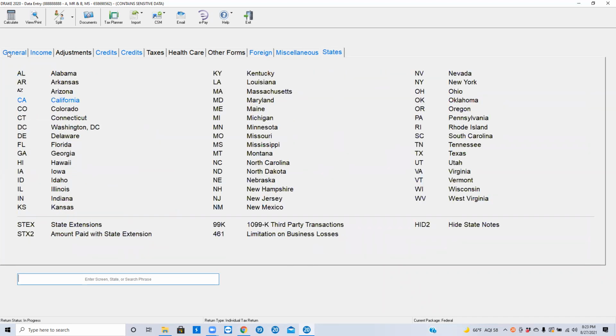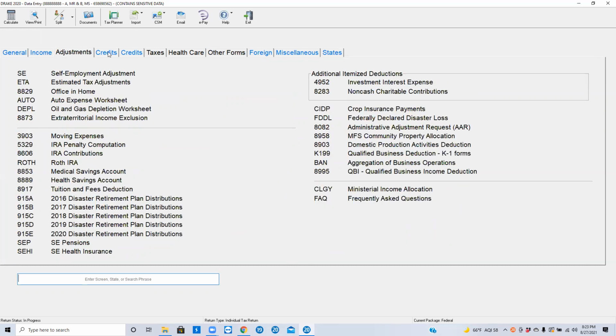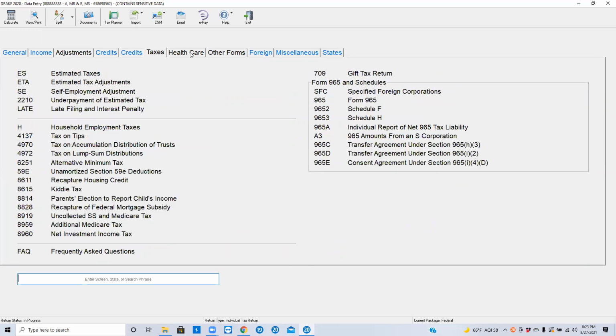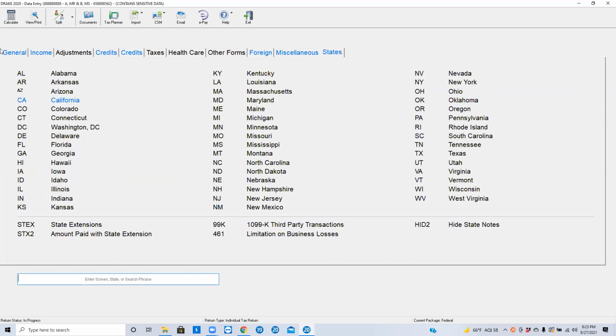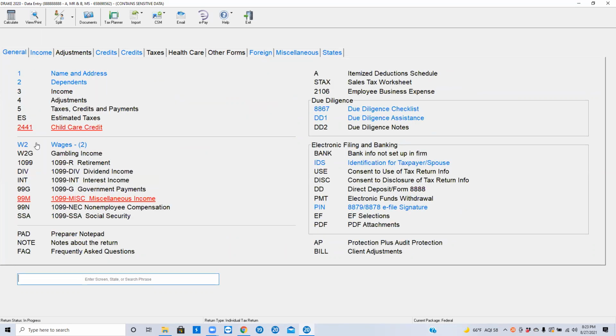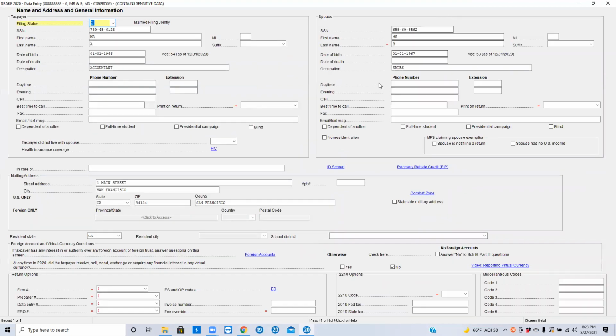There are different tabs, as you can see. In my tax software, all the blue places are the places to have input. In this situation, as you can see, we just did number one, all the information in here.